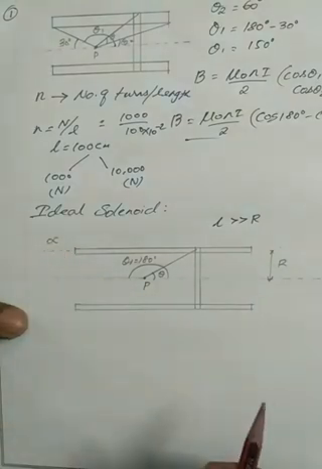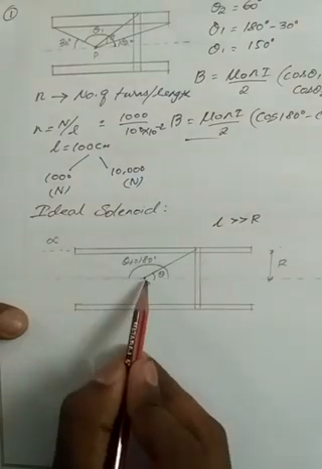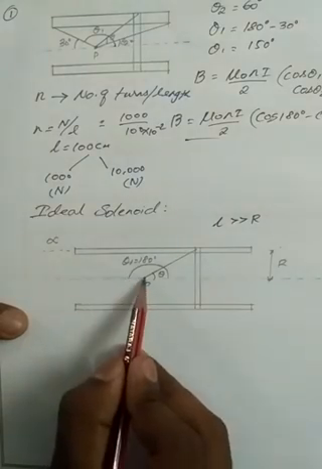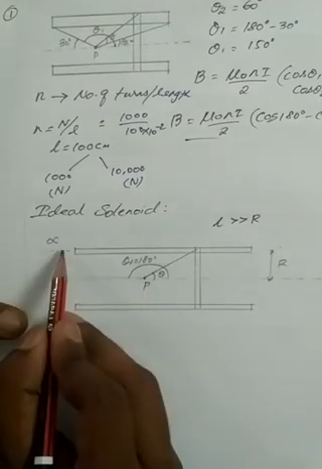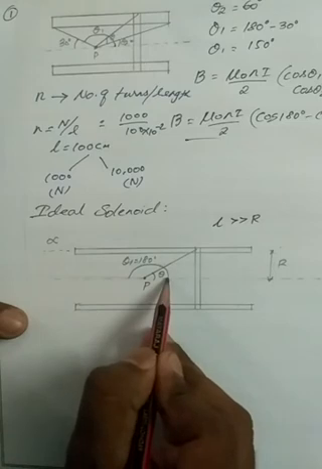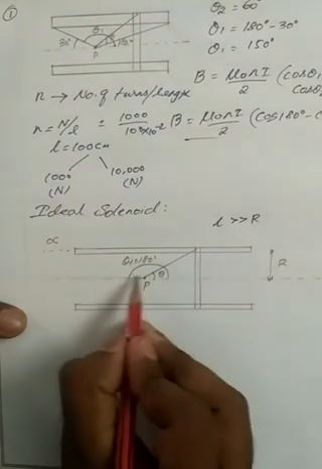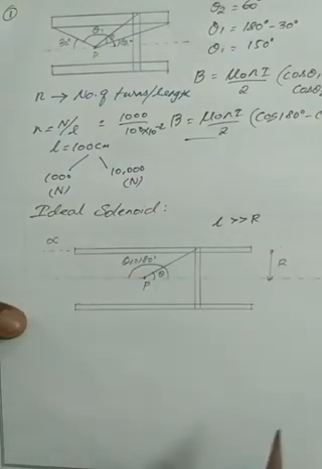Infinite length. So I have to draw a parallel line, then only I can connect the point P with the left end of the solenoid. If I draw a parallel line, then my angle covers almost a semicircle. So I can take theta 1 as 180 degrees, from here to this line.